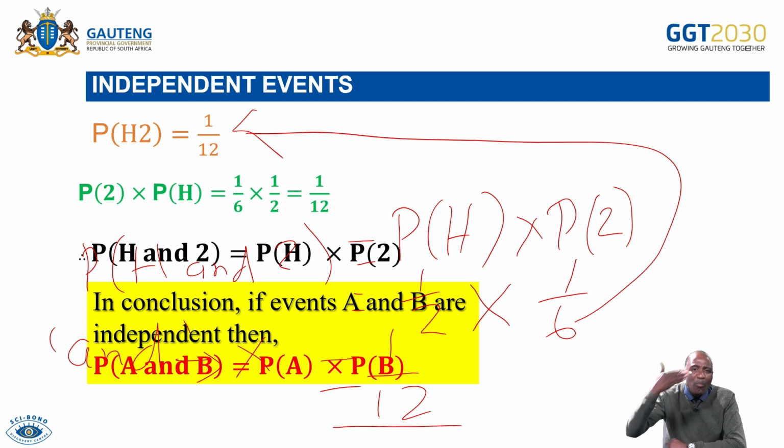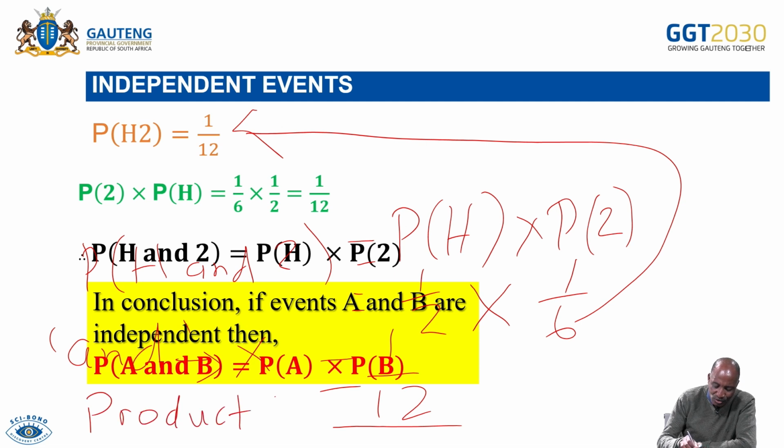If two or more, it means we have to keep on multiplying if there are more than two. As long as those events are independent, you will always see the connection 'and'. Probability of A and B and C and D. So meaning take them individually and multiply. Hence it is called the product rule. This is what we mean by the product rule.